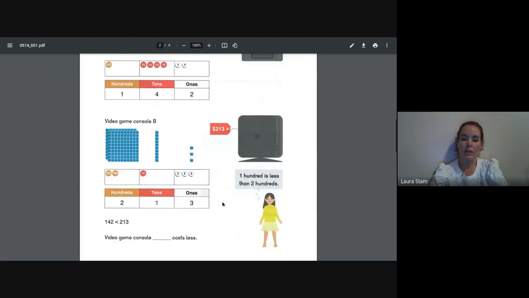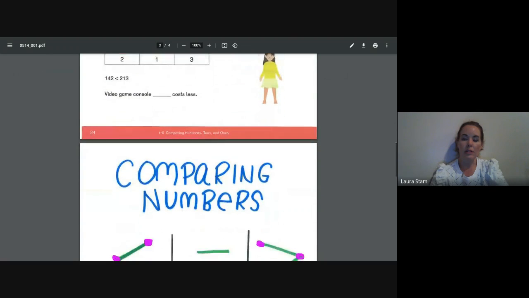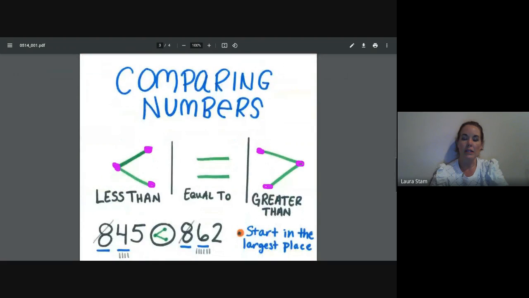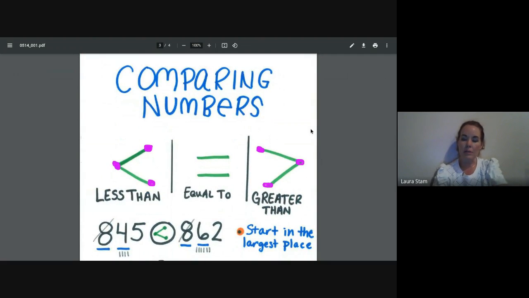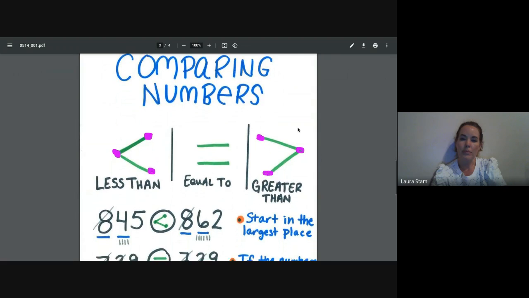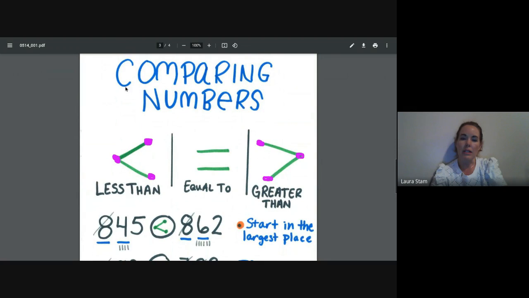Okay, so what we're doing here now is called comparing numbers. And this is our new concept that we're going to study for this unit. So, comparing numbers, let's talk a little bit about some vocabulary, and we have some new symbols here. I think you've seen these before, but let's review these and talk about what they mean, okay?